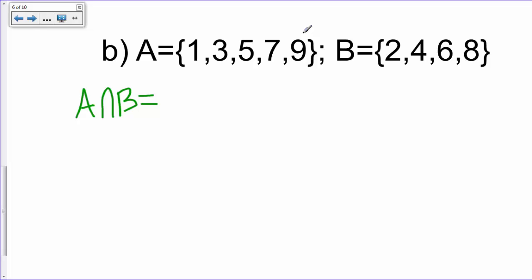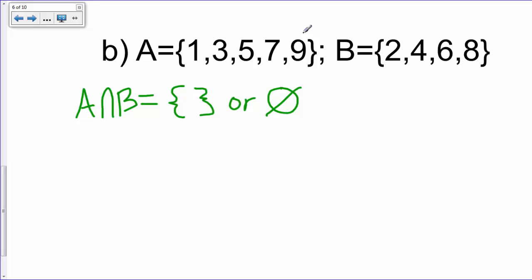So obviously there aren't going to be any that are in both, because these are odds and these are evens. So whenever we have this, we have a null set or an empty set, and we can show that by showing our braces with nothing inside, or that circle with a slash through it.